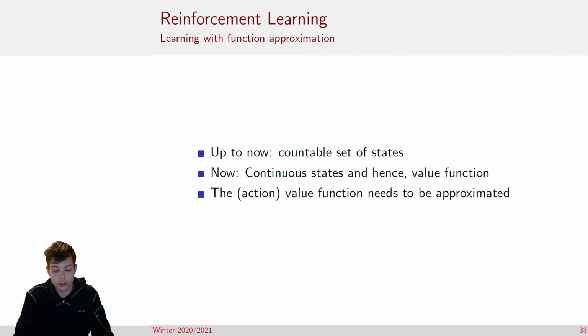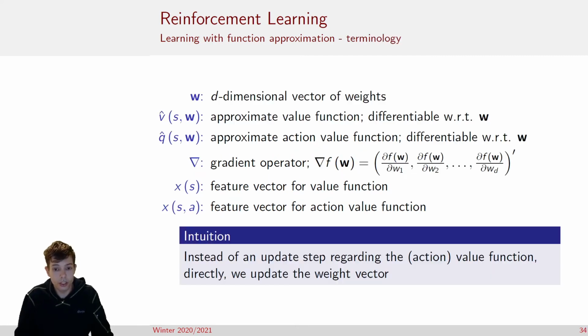Now we turn to different methods of approximating the value function. To do that, we need to work with a little more terminology, because with approximated value functions we can no longer update the value function at a certain point.